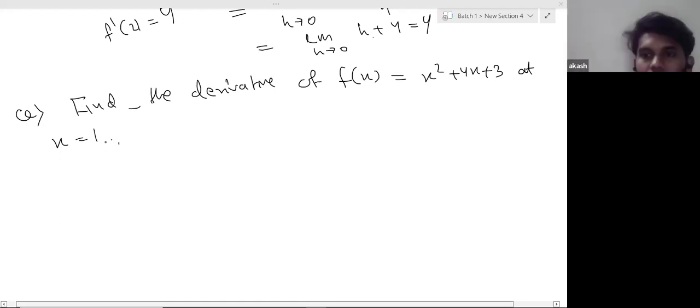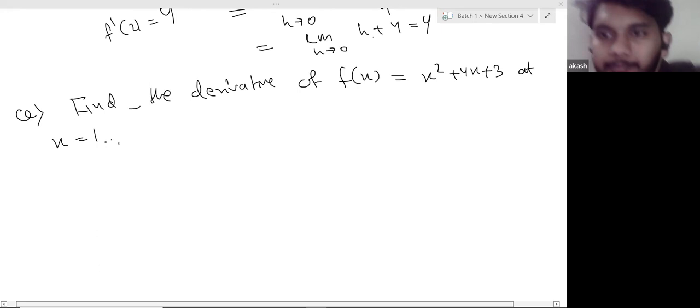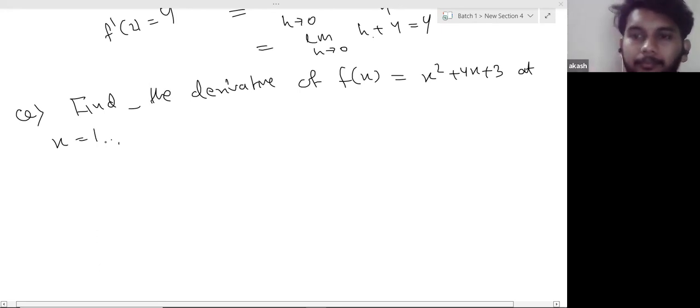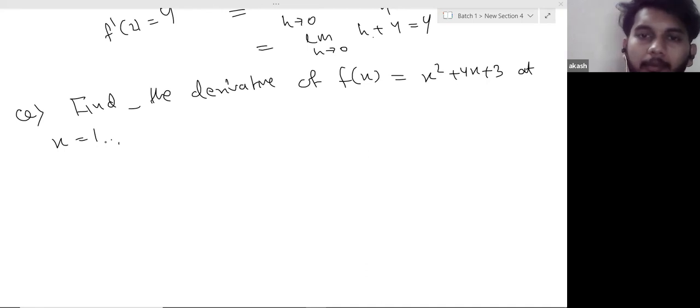Solve this. Arsalan, Abdul. Arsalan, solve this. 2x minus 4. You have to find the answer.